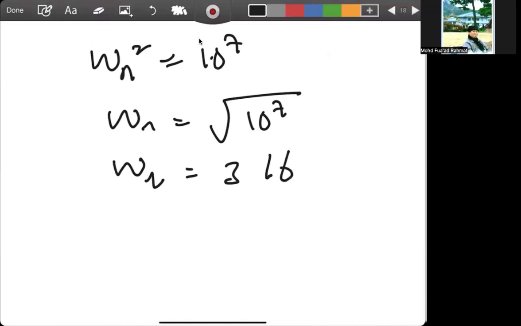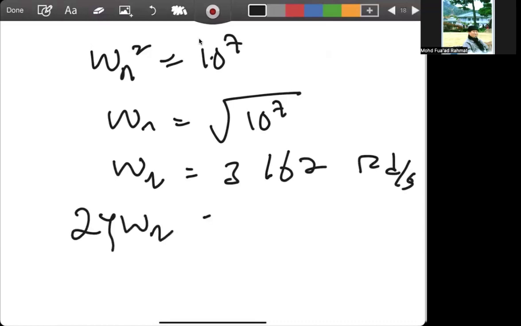Omega n is 3162 radian per second, and then 2 zeta omega n compare with 10 power of 6.